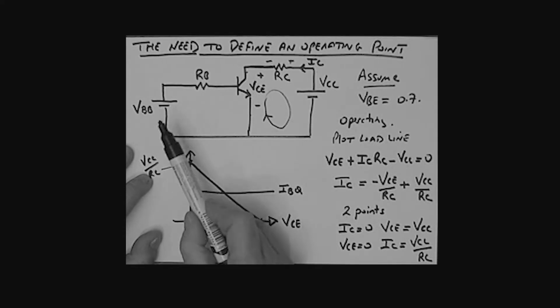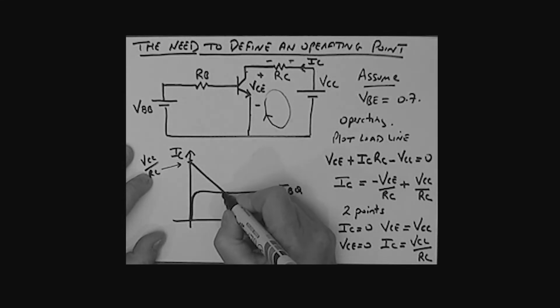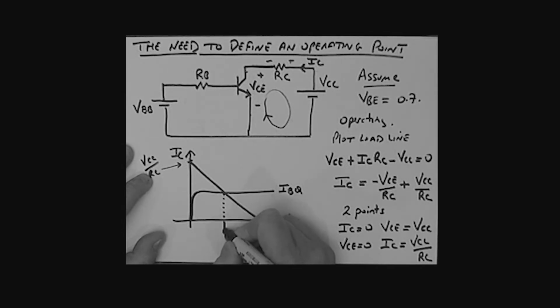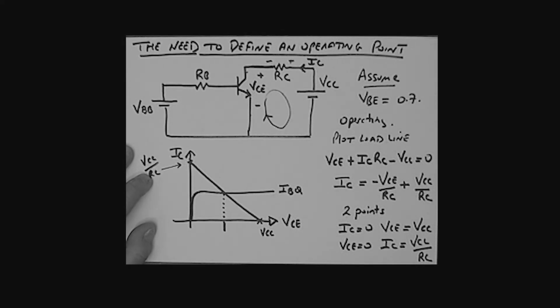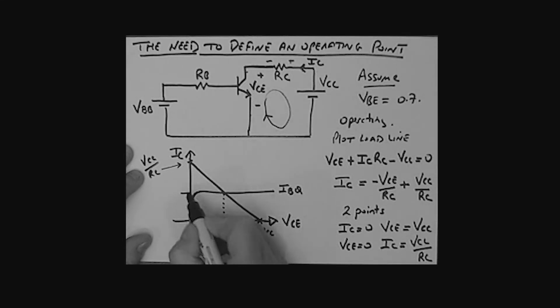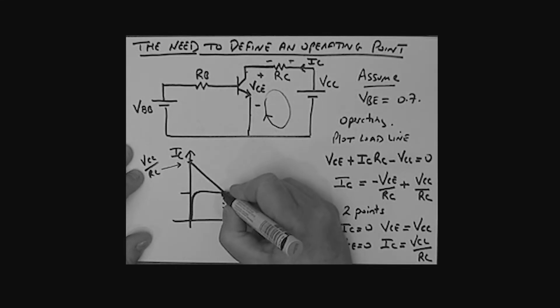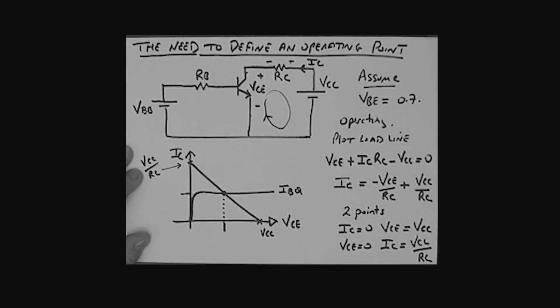That's by choice of that voltage there and that resistor. So if I come down to the voltage axis, that would be the actual VCE between here and here. We could call that VCEQ. And of course, if I go across to the current axis here, this would be the actual IC. We could call that ICQ. And this point here then is referred to as that operating point. That is the operating point.